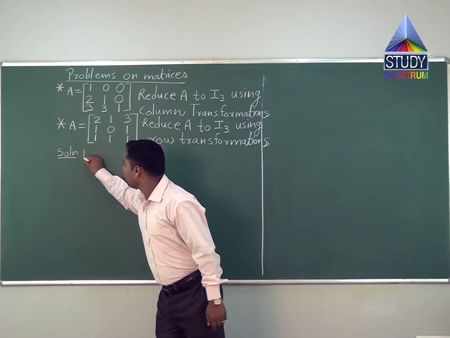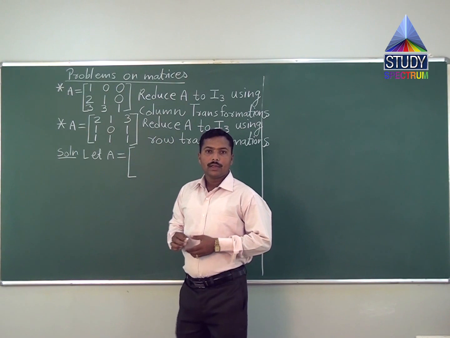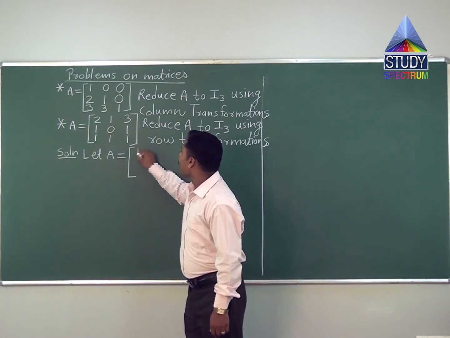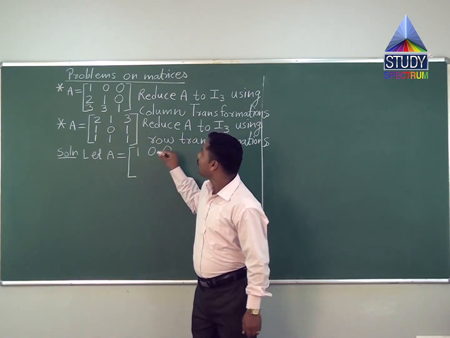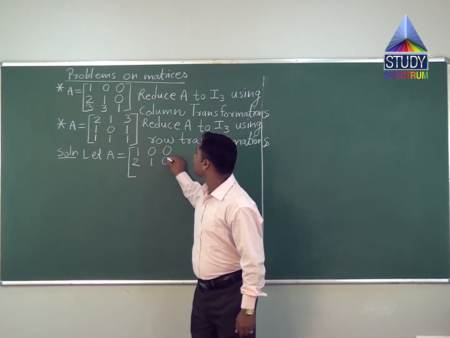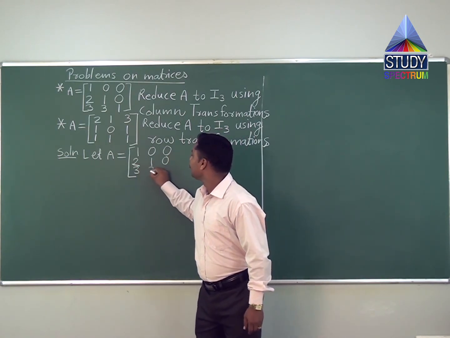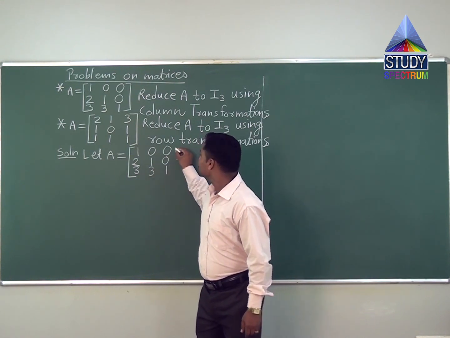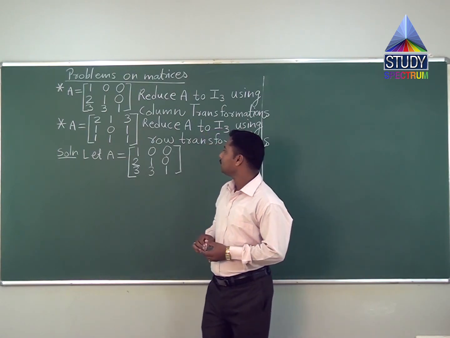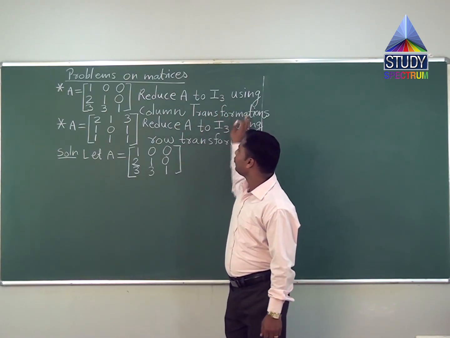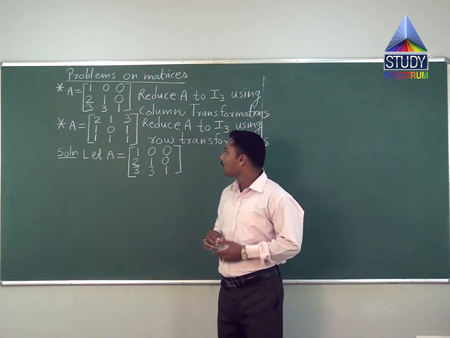So we let A equal to first row 1 0 0, second row 2 1 0, third row 3 3 and 1. We use only column transformation here because only column transformation is mentioned.